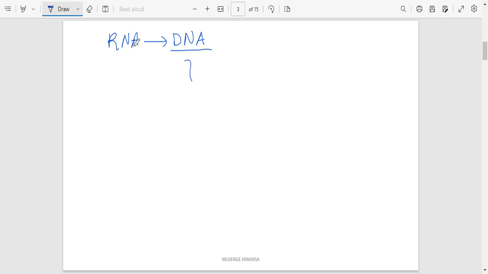So if this virus is in a person, when it converts its RNA into DNA, that DNA that it forms is going to be embedded or is going to merge with the DNA of the host, that person. And when this happens, this is DNA again, this is going to now be converted into RNA, and then we are going to be able to form proteins.